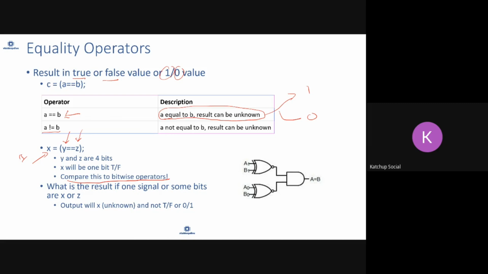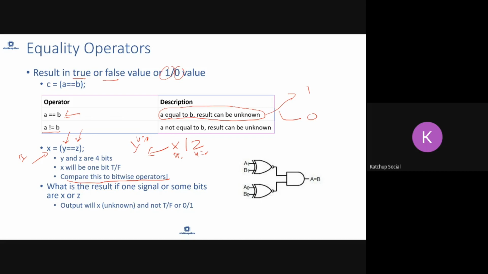Compare this to the bitwise operator, right? We did a bitwise operator, X or Z, where the output will be the same size, 4 down to 0, with each bit operated individually. Here, the output will be 1 bit. So this is the equality operator. The output will always be 1 or 0.